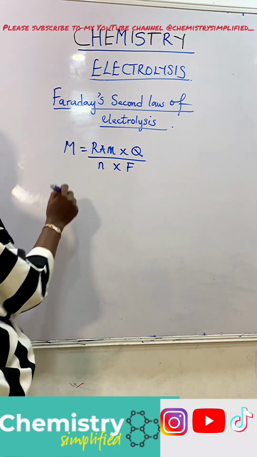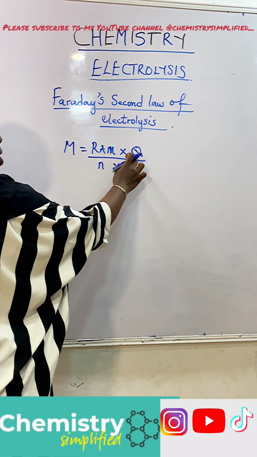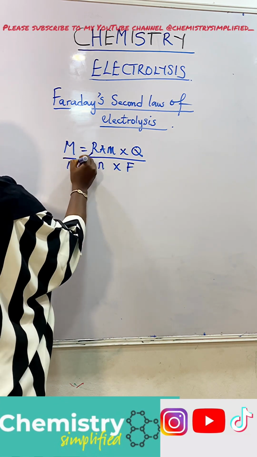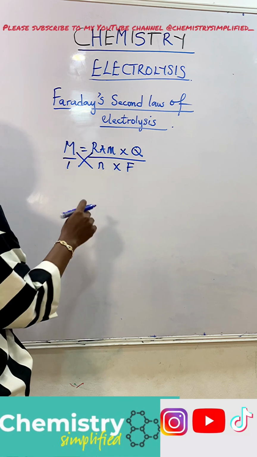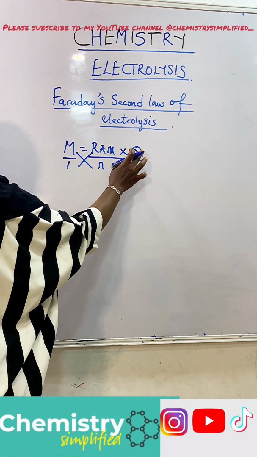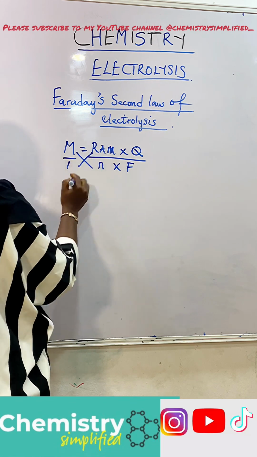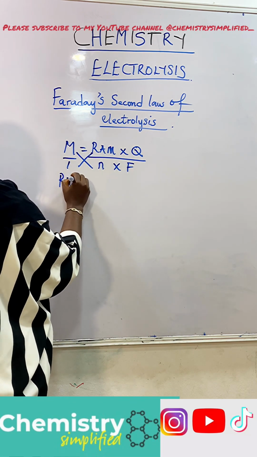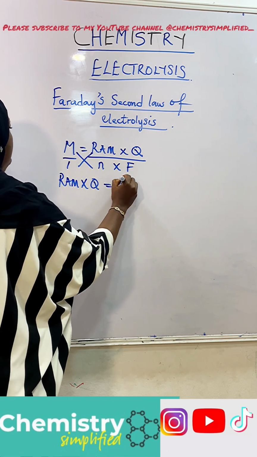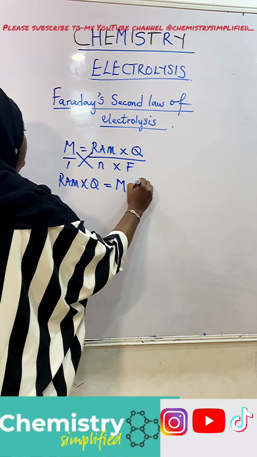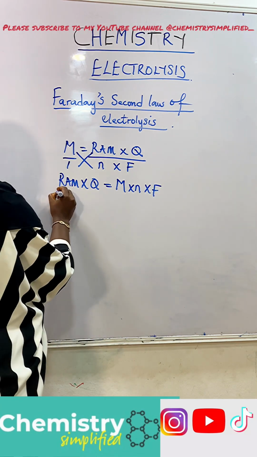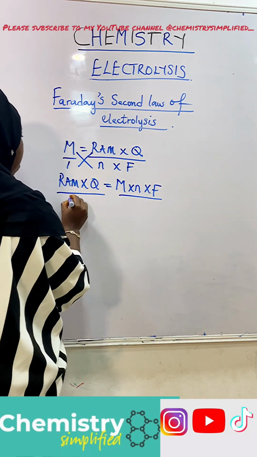Now from here, we can make Q the subject of the formula. How do we do that? When you cross multiply, we have RAM multiplied by Q equals M, which is your mass, multiplied by number of charges, multiplied by F. Now from here, we can divide through by relative atomic mass.